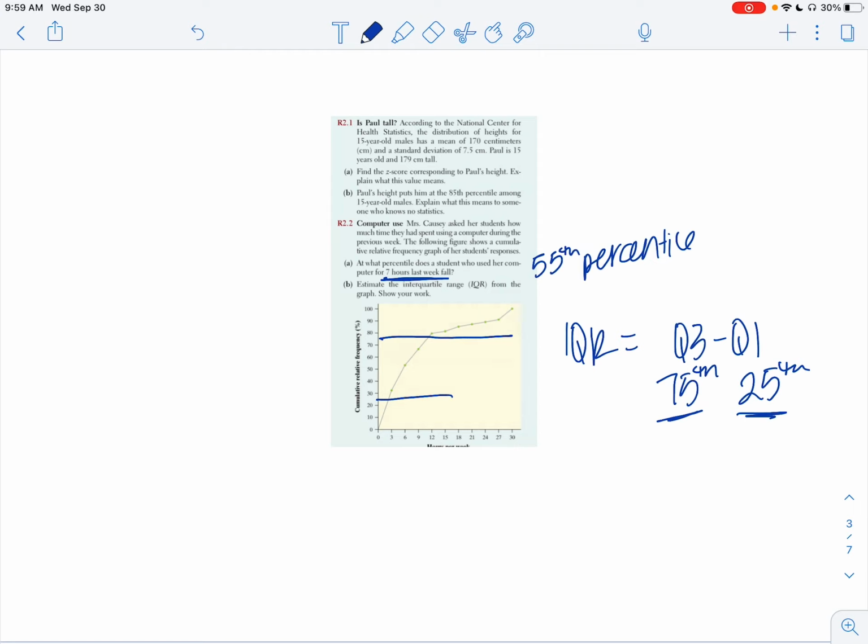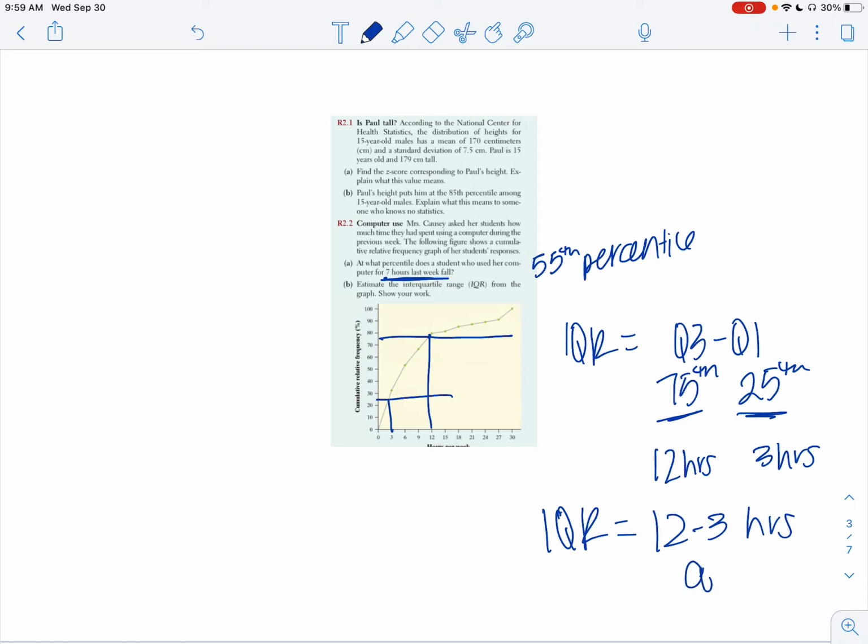So my 75th percentile is right about here. That's maybe at 12 hours a week. And my 25th percentile is about at 3. So my IQR is approximately 12 minus 3 hours a week. And we can go with that's about 9 hours a week for that.